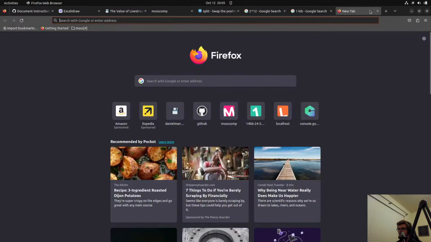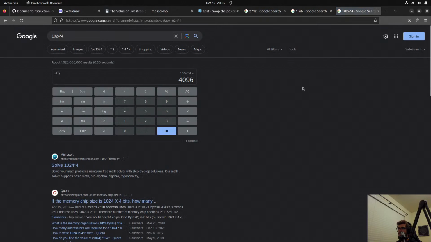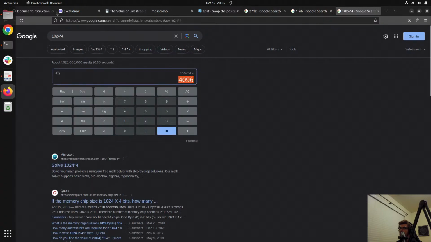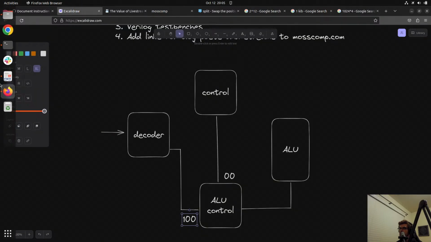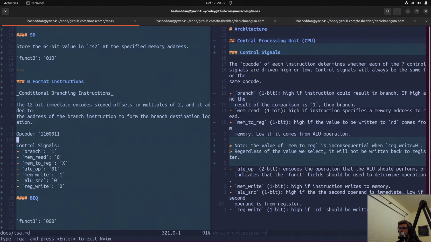What is 1024 times 4? 4096. So that's why we have plus or minus 4 kilobytes. All right, you know what? I think that's a decent place to leave it for today.